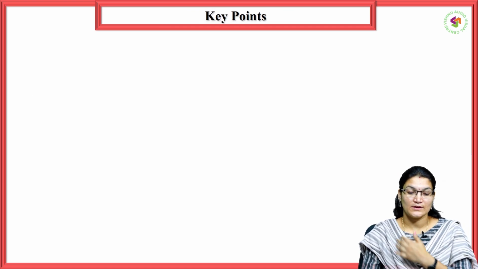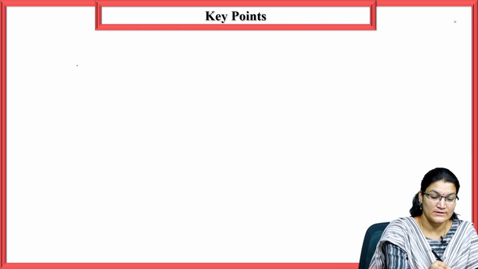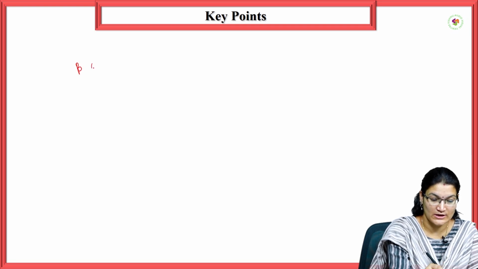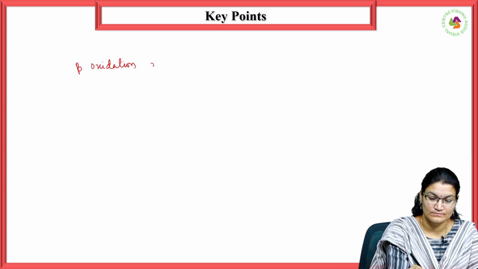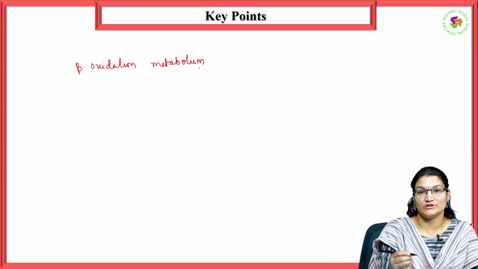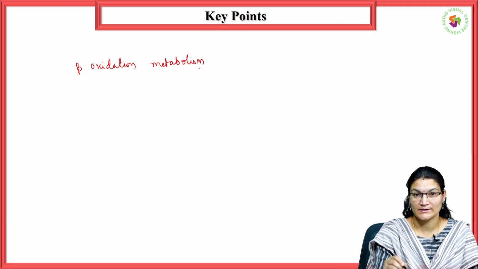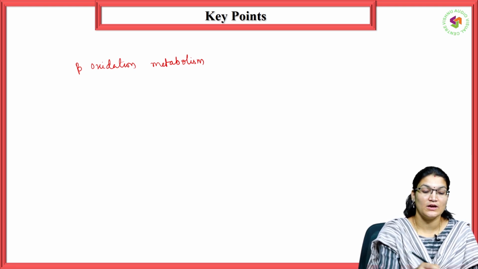So the key points are, today we discussed the importance of beta oxidation metabolism, and why we call it beta oxidation metabolism: as the oxidation occurs at the beta carbon of the fatty acid, we call it beta oxidation.